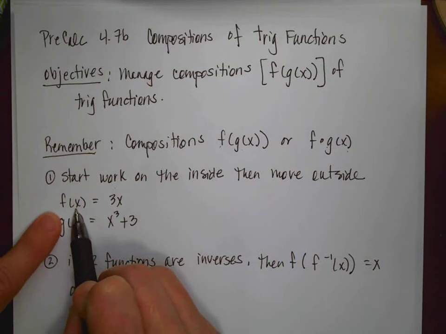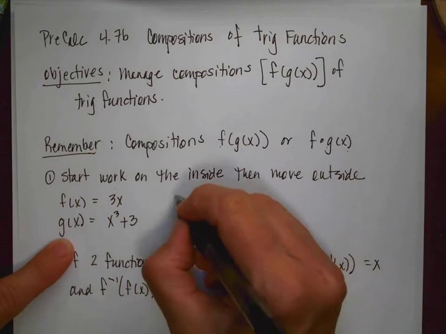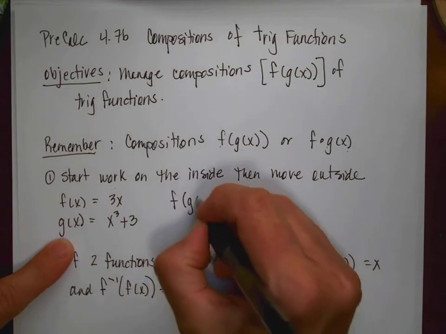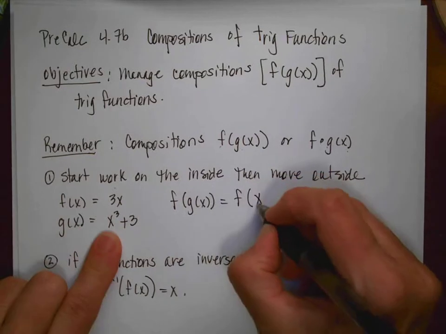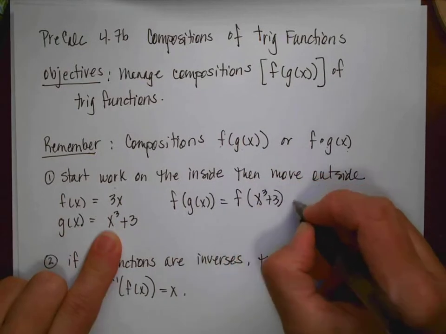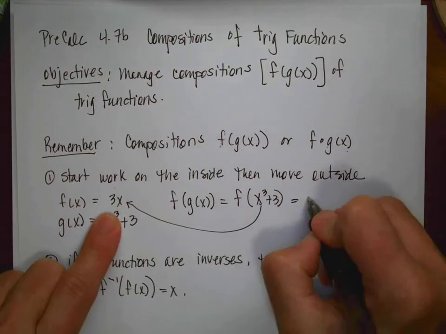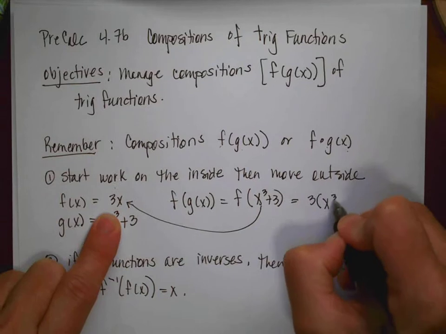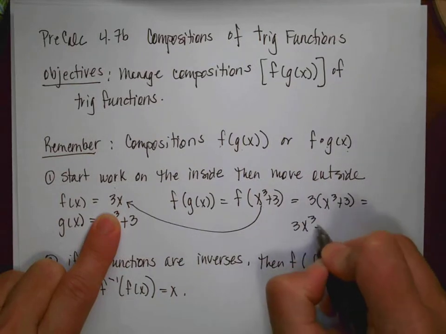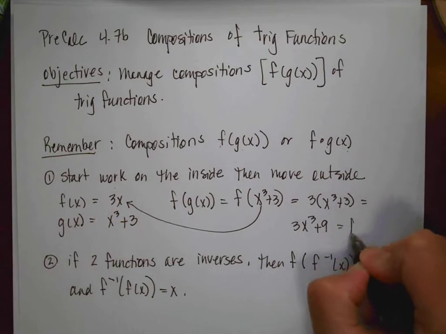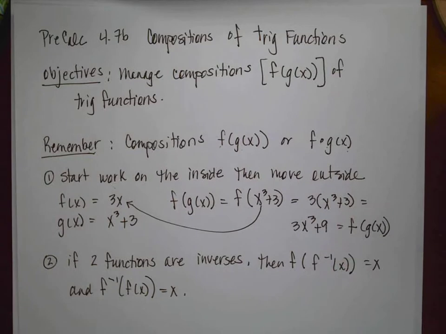So if I was given f of x is 3x and g of x is x cubed plus 3, then f of g of x would equal f of the inside, x cubed plus 3, and this becomes the input into this function. So this is 3 times x cubed plus 3, and this would equal 3x cubed plus 9, and that would equal my composition f of g of x, okay?